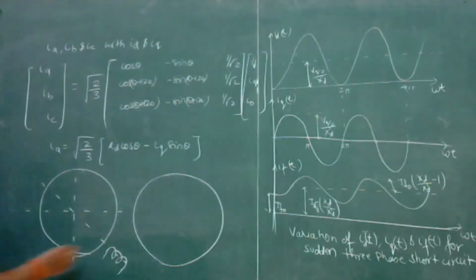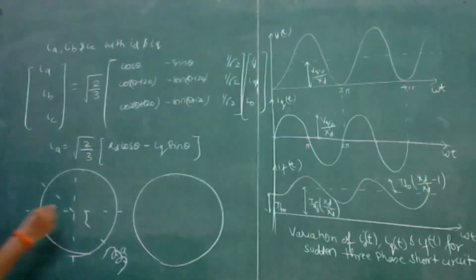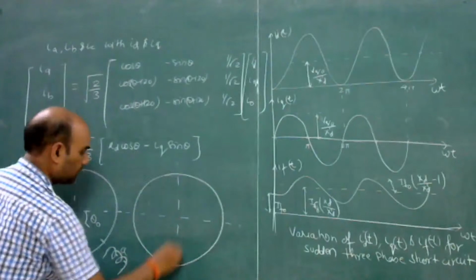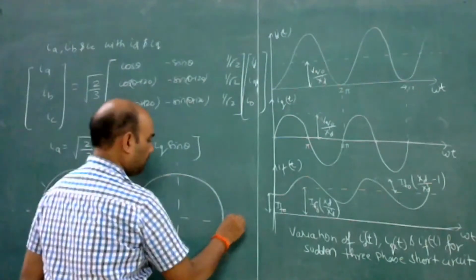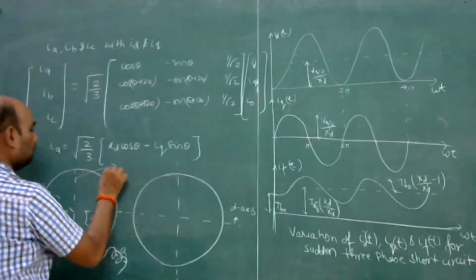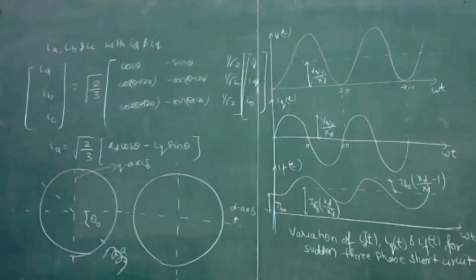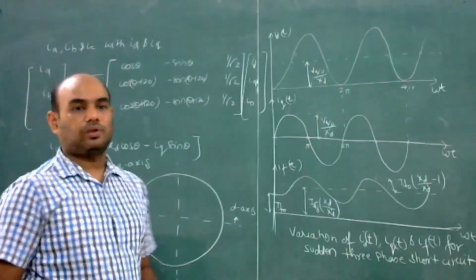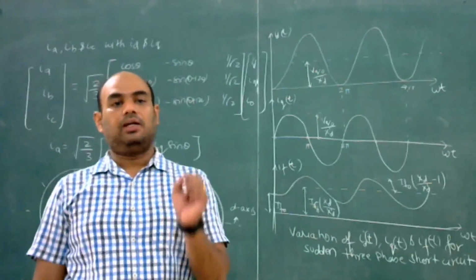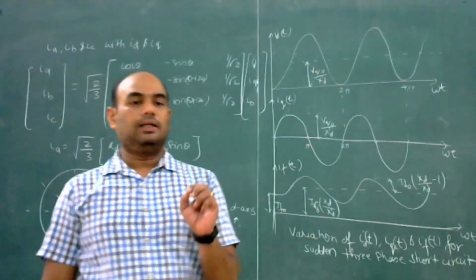Before that, this is phase A, and it is making an angle theta naught with the d axis. This is the d axis, and this is the q axis. At the instant of short circuit, the axis of phase A is assumed to make an angle of theta naught with the d axis.